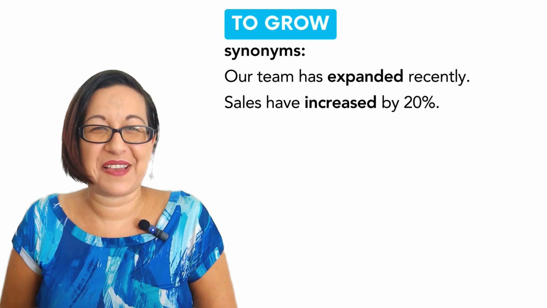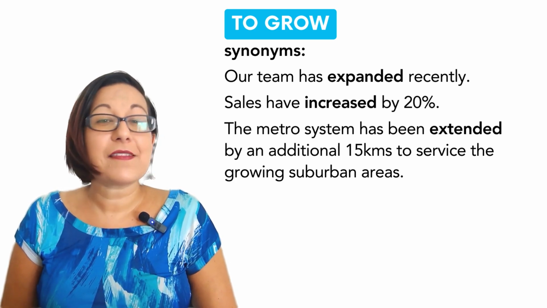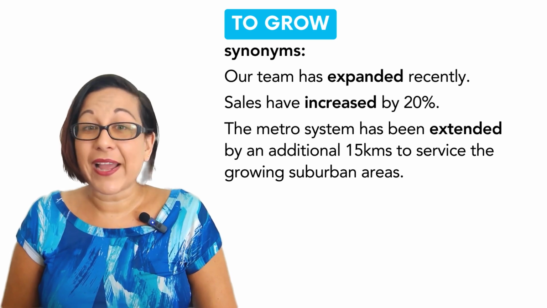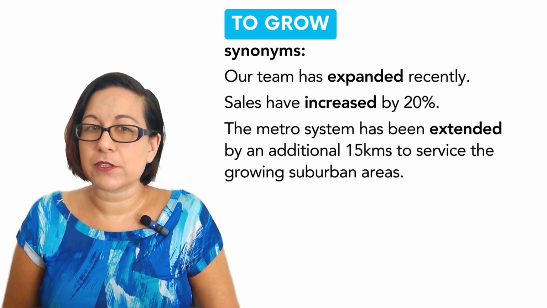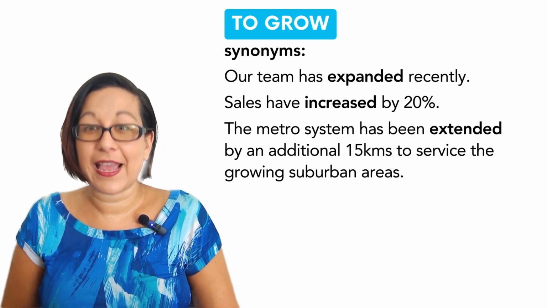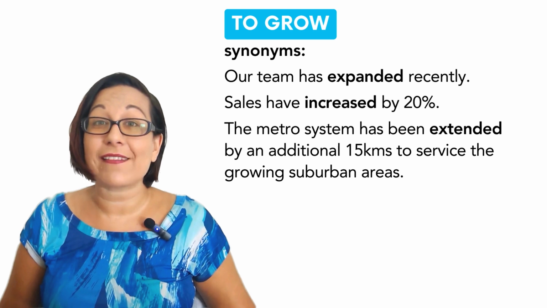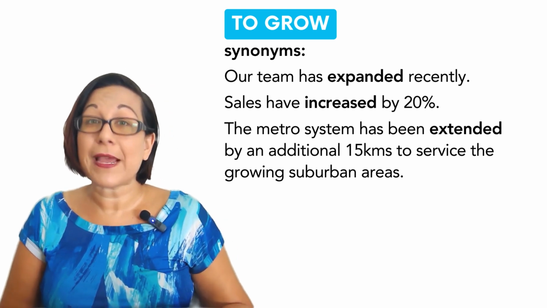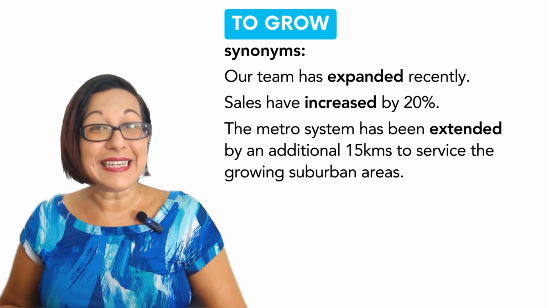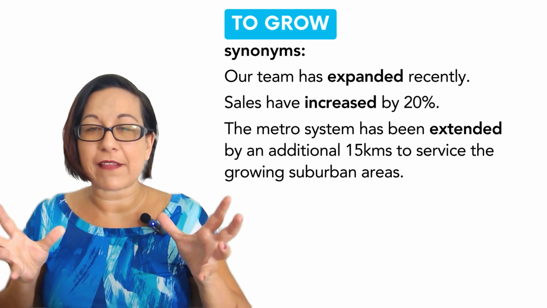And a longer example. The metro system has been extended by an additional 15 kilometers to service the growing suburban areas. Now, this is a really nice one because I've actually got passive voice. So the metro system has been extended by someone. So it's passive.